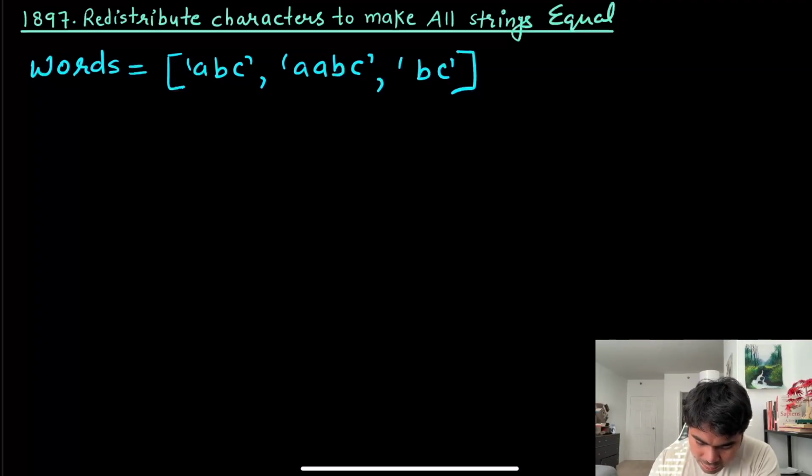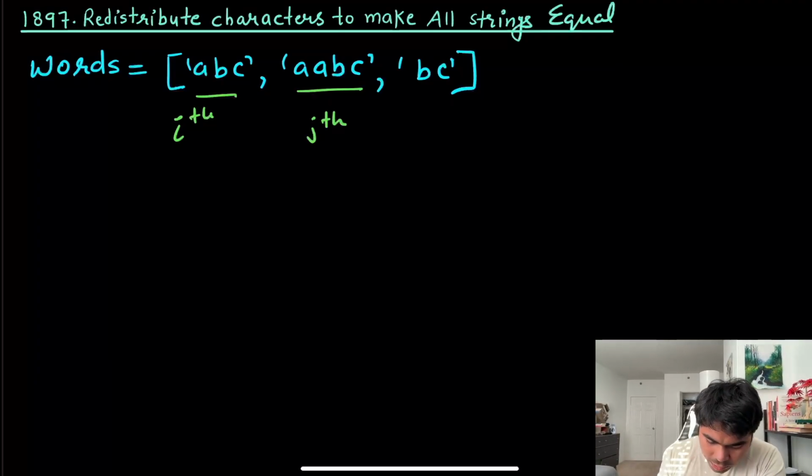Now an operation is defined as: choose the ith word. Let's say this is the ith word and this is the jth word, and then in one operation you can move any character, let's say this character, to another string, to any position.